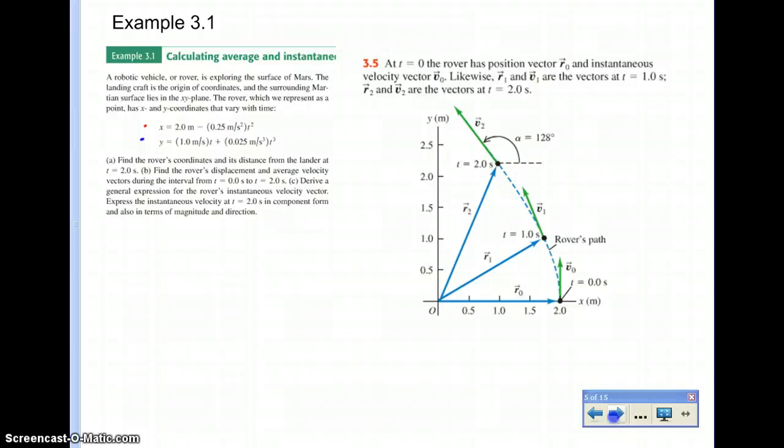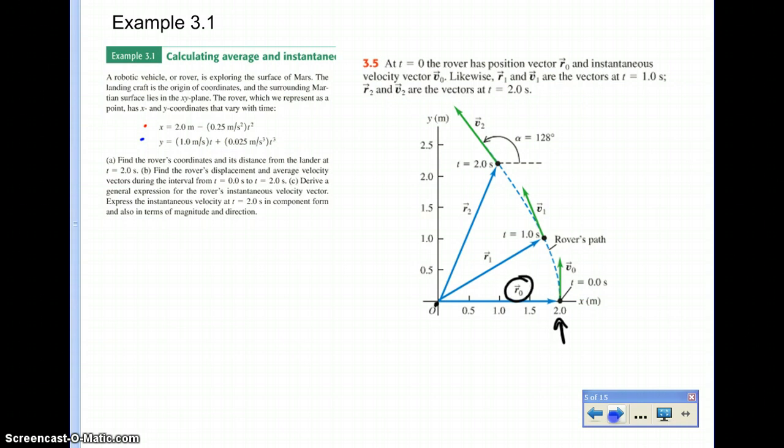So we can see by plugging in different times that when it's located at time t equals 0, it's located kind of here. And we can see that it's 2 meters to the right of the landing craft, all right, which is our origin. And it's moving with an initial velocity upward, or along the y-axis.